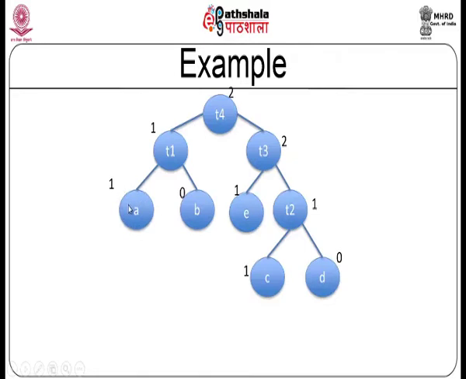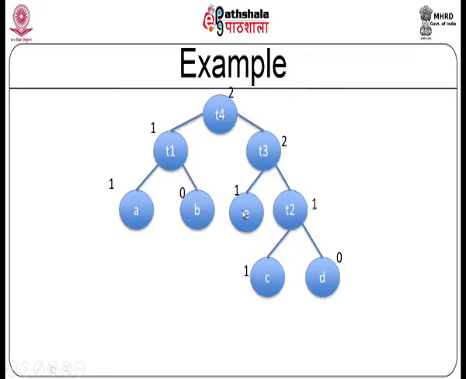Our strategy is that the children should be labeled before labeling the parent. So, I will first label all the leaf nodes. This is a left child and this is the right child. Left means 1, right means 0. So, here left is 1, right is 0. T2 is an interior node. It has 2 children, left and right. If their labels do not match, it is the max of the 2. Therefore, 1 comma 0, max is 1, and it is assigned.